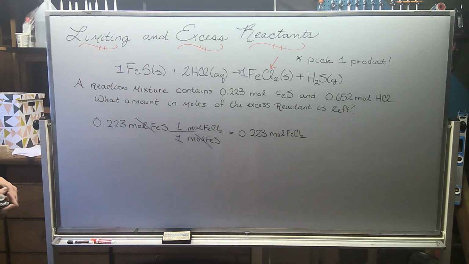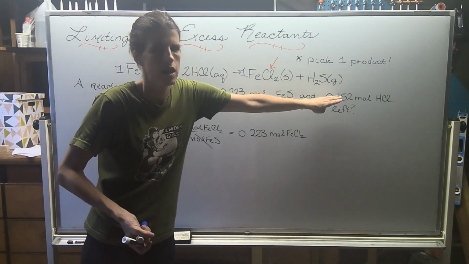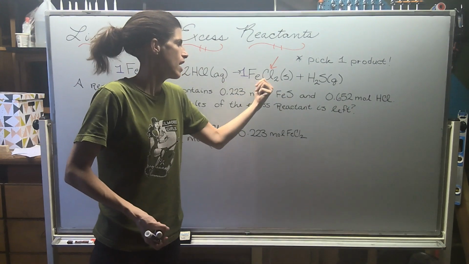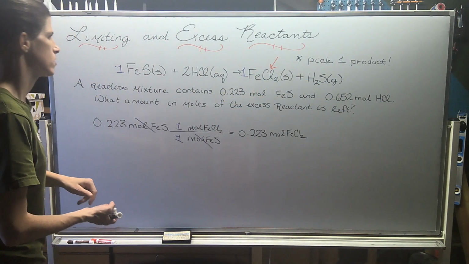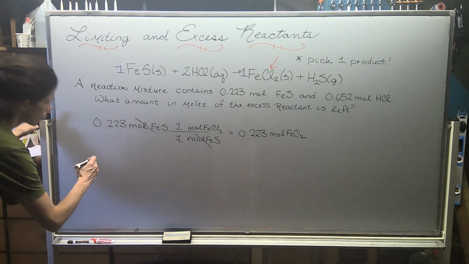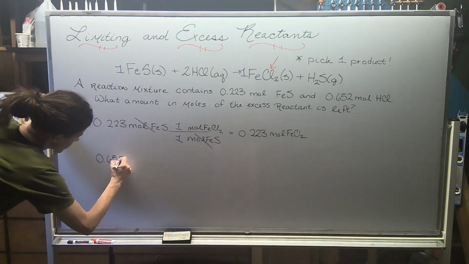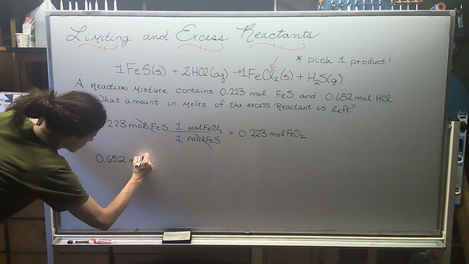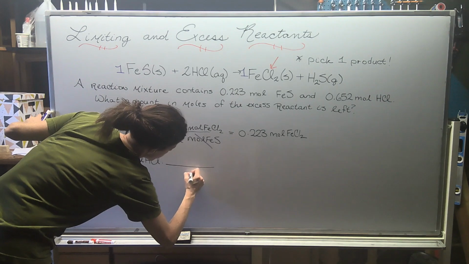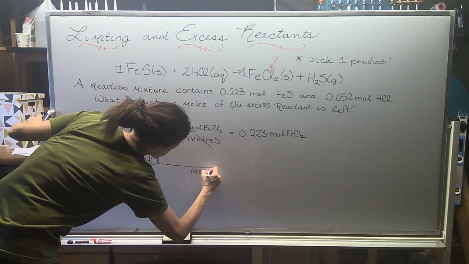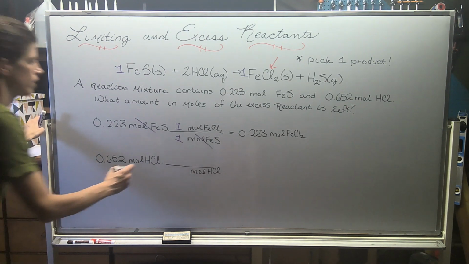I'm going to repeat, ignoring the iron 2 sulfide for a second and focusing on the hydrochloric acid. How much iron chloride can I make from this amount of hydrochloric acid? So start with the number they gave us. We're getting rid of the moles of hydrochloric acid, and we're going to change it into moles of iron chloride.